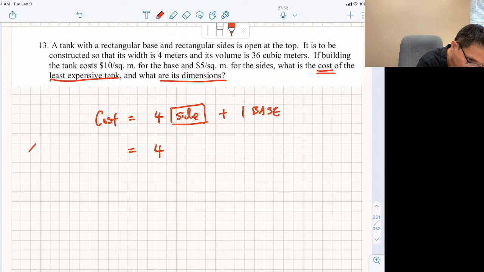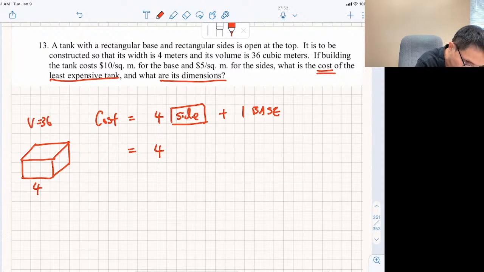If I have a rectangular shape like this, there are four sides. Now we know the width is 4 and the volume is equal to 36. There is a height and there is a length.